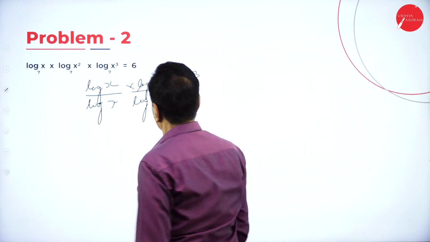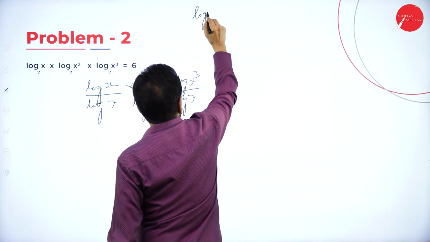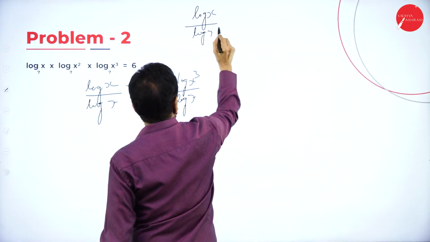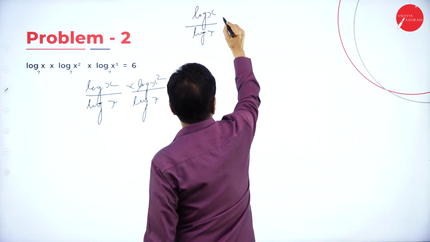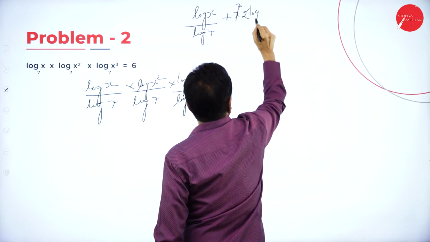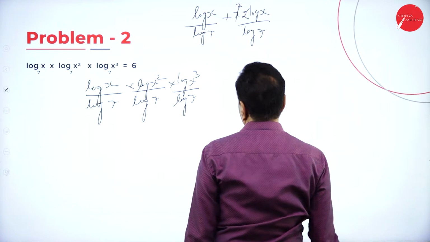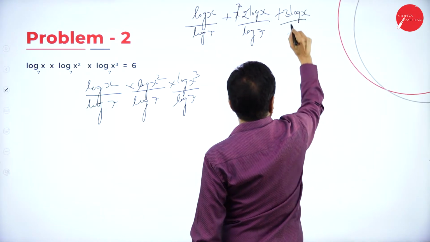So this can be written as log x divided by log 7, plus 2 log x divided by log 7, plus 3 log x divided by log 7.